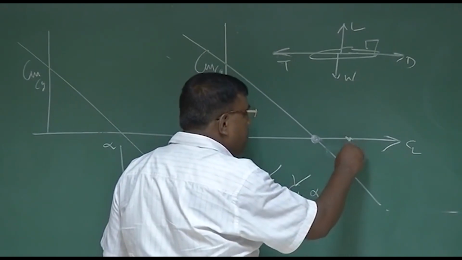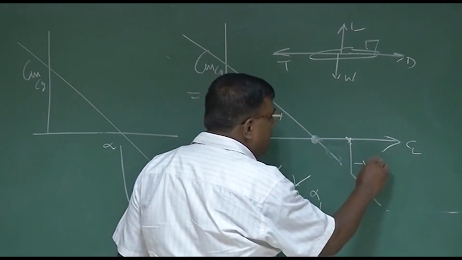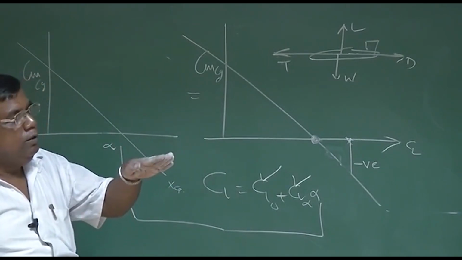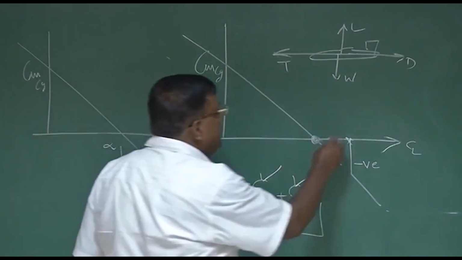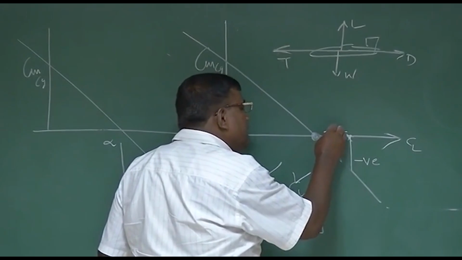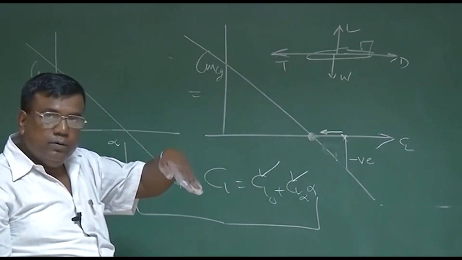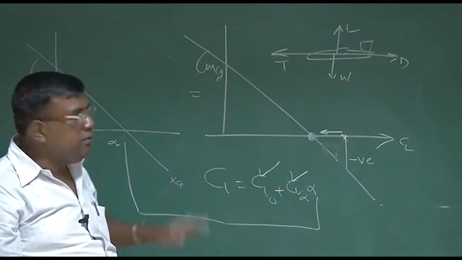What will happen? The airplane immediately generates a negative pitching moment. Negative means nose down, so this aircraft will have an initial tendency to come back to the equilibrium. Negative means try to reduce angle of attack, so CL will reduce.